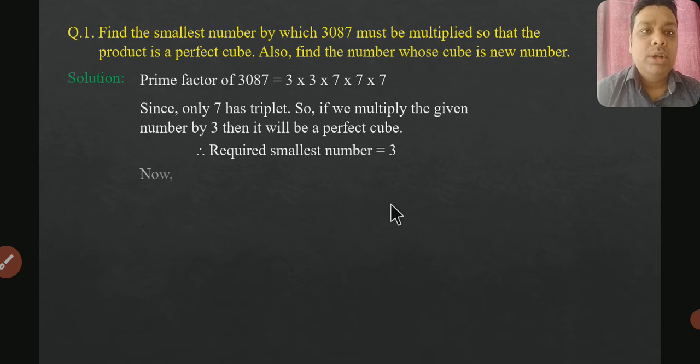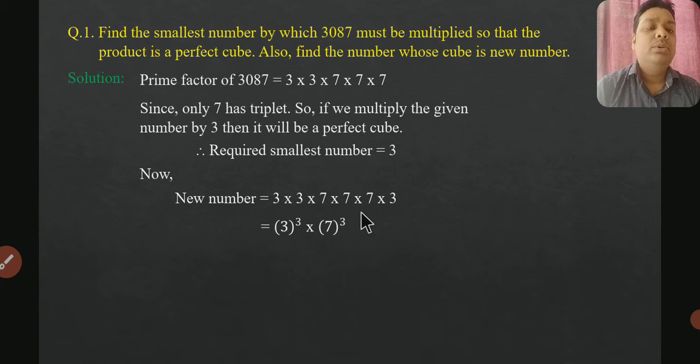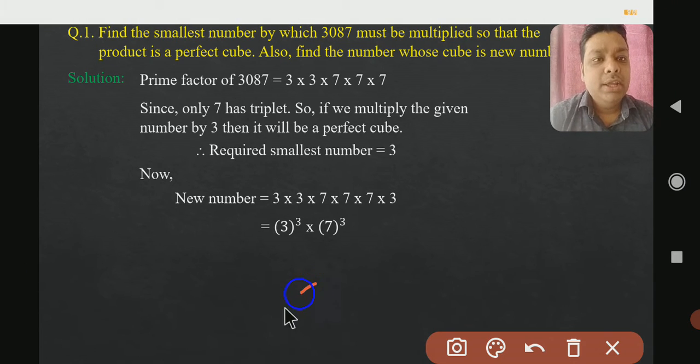Now we have to find the number whose cube is the new number. So what will the new number be if we multiply the previous number with 3? You can see that now we can write the 3s as 3 cube, and 7 also has 3 terms, so we can write 7 cube. Now we will use the base and exponent formula. What is the formula? a cube into b cube.